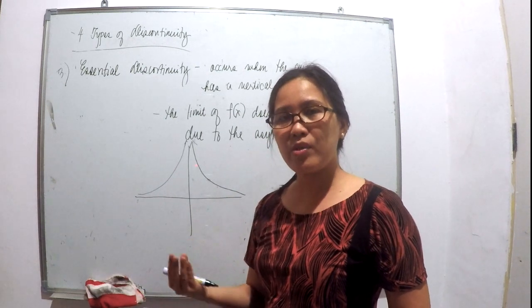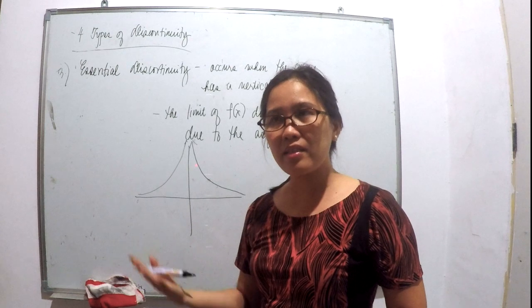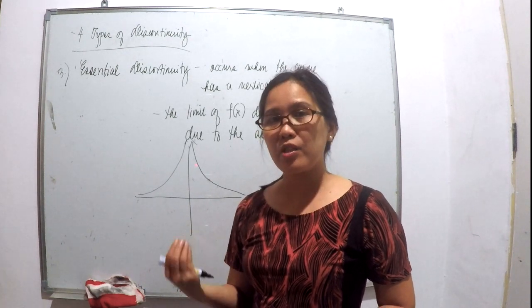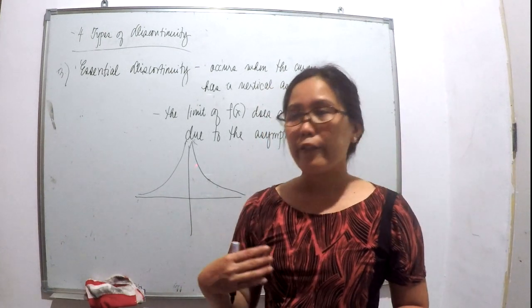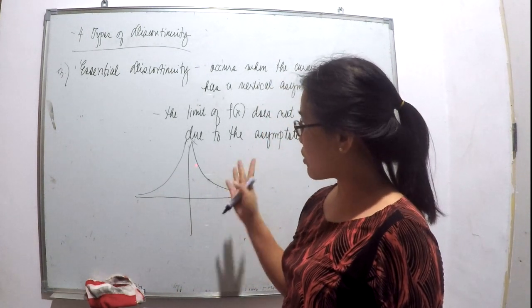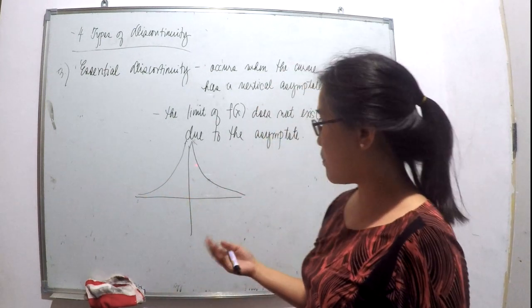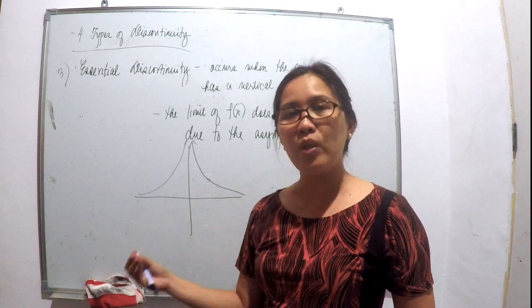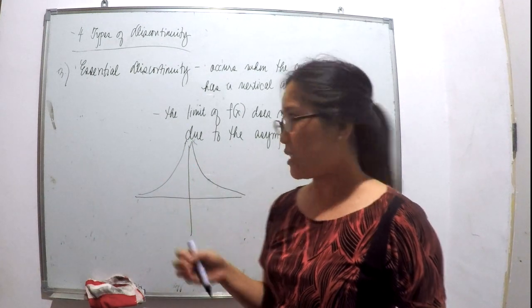And since x equal to 0 is a vertical asymptote, it is discontinuous at x equal to 0, and the type of discontinuity is essential discontinuity, or infinite. Sometimes we say that it is an infinite discontinuity because the limit of the function as x approaches 0 is infinity. In this case, it is positive infinity.